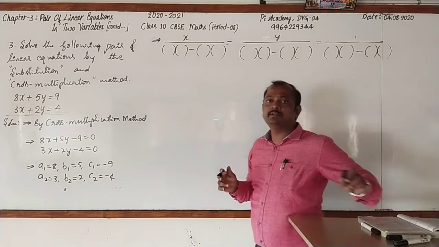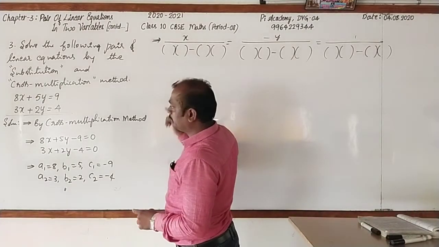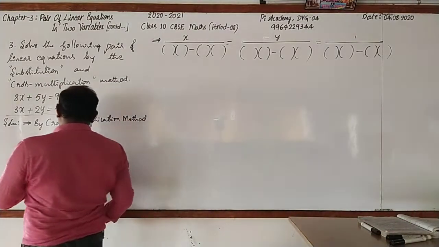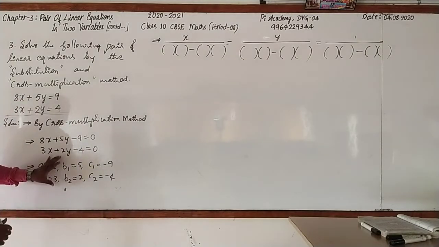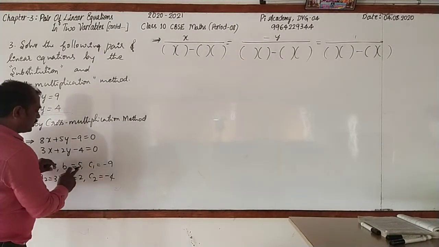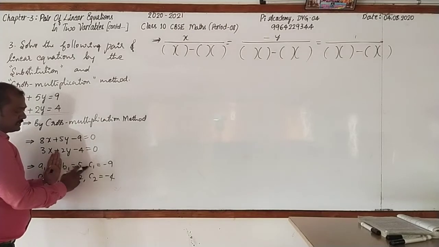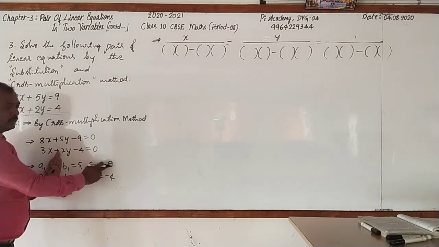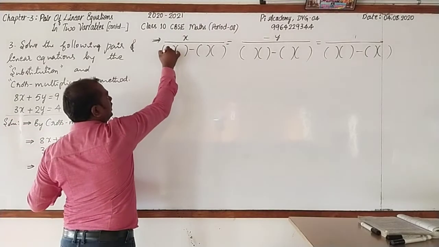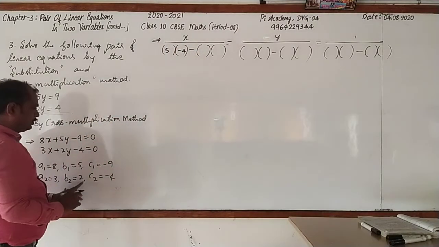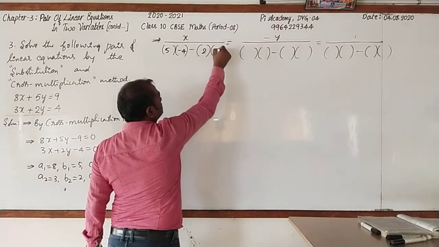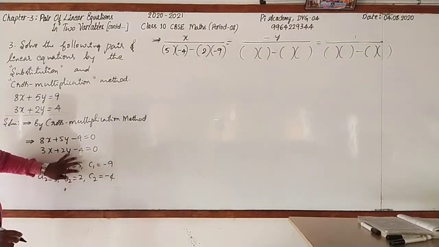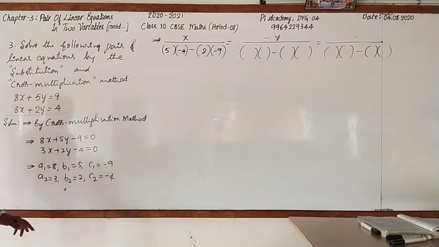Let us go for filling these brackets. With respect to x, first leave a1 and a2, consider the remaining and go for cross multiplication. See that. It is 5 and minus 4, 2 and minus 9. Next, with respect to y, leave b1 and b2.